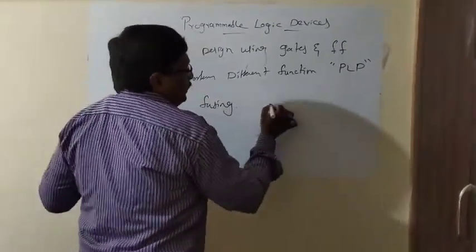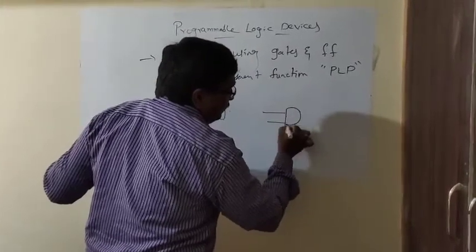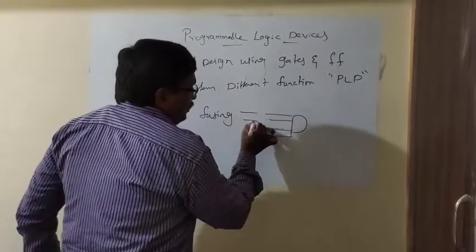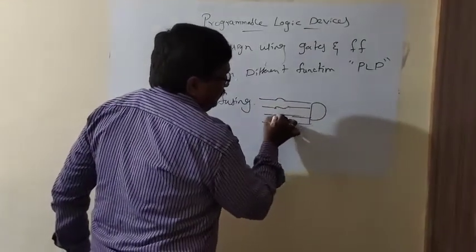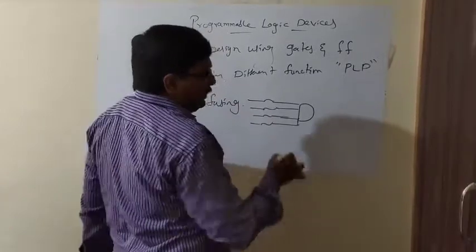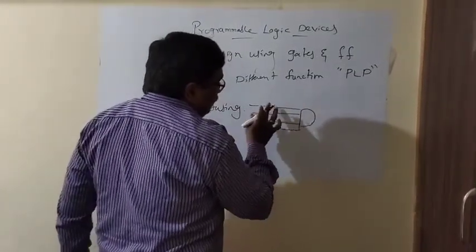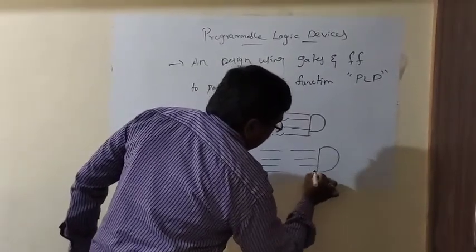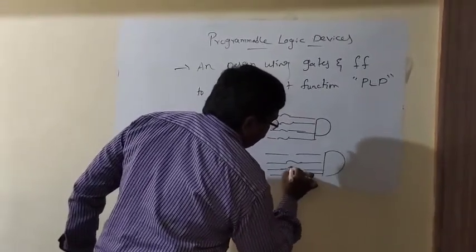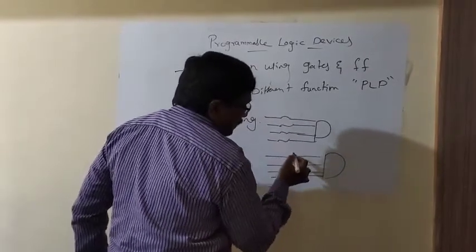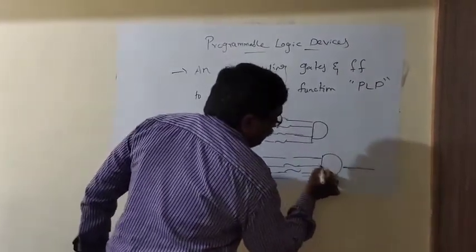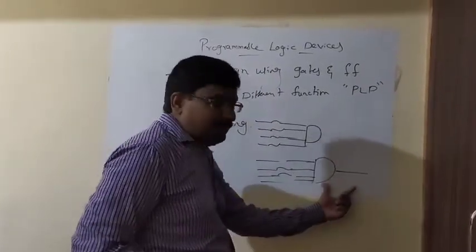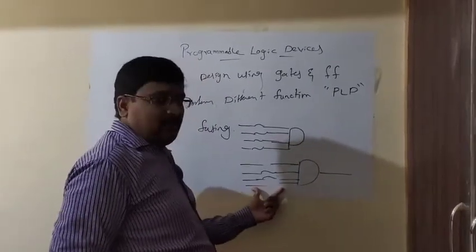For example, take an AND gate with n inputs, all initially intact. By blowing the fuses that are not required with high voltage, you can configure the AND gate.